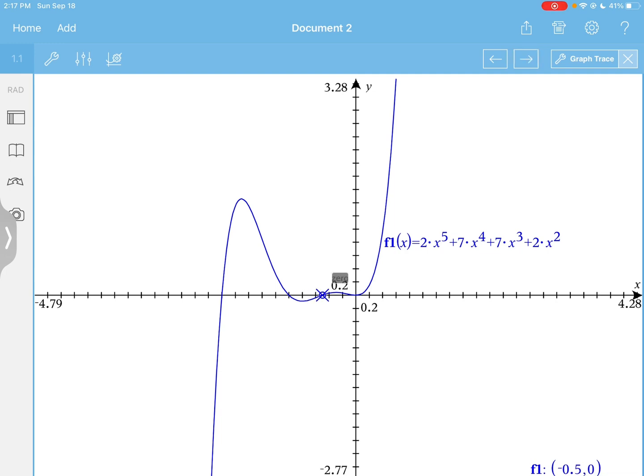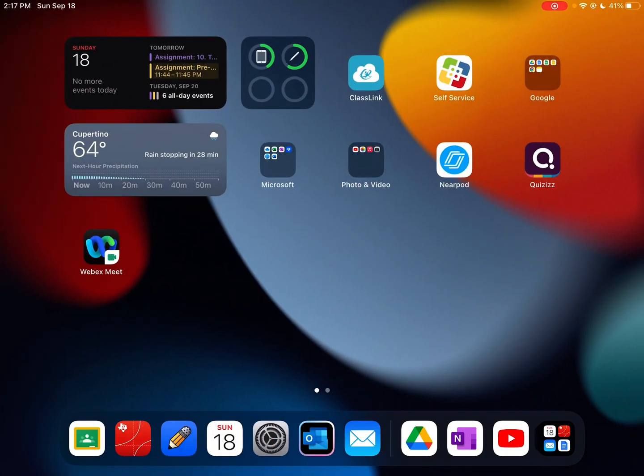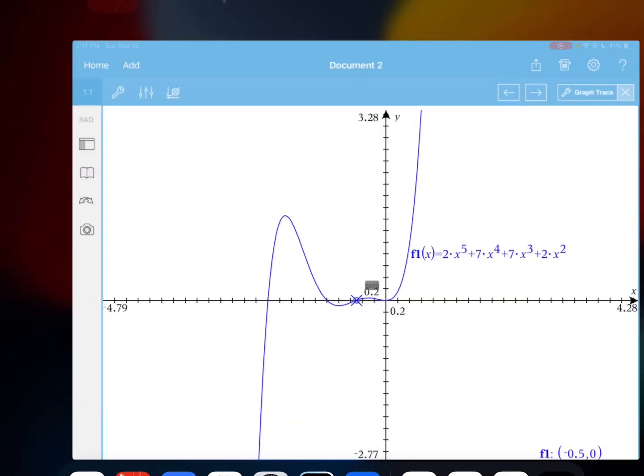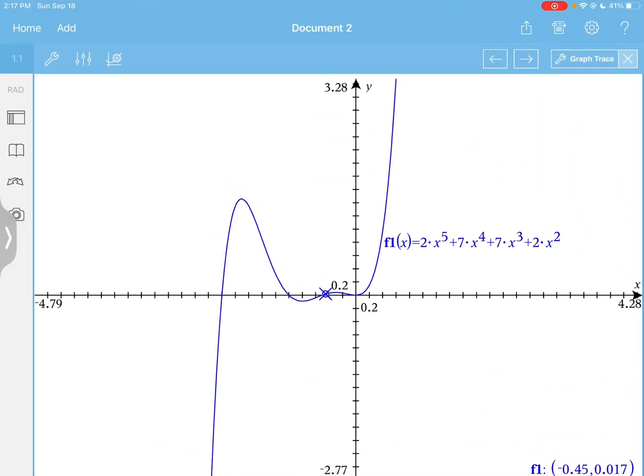Negative 1/2. So let's go ahead and write those before I forget them. So we have our zeros so far as negative 2, negative 1, negative 0.5. Let's see. Keep going.